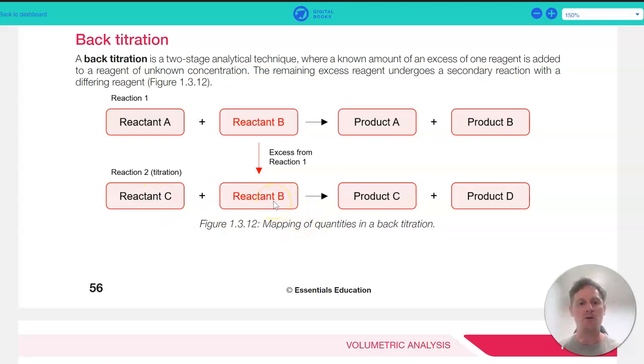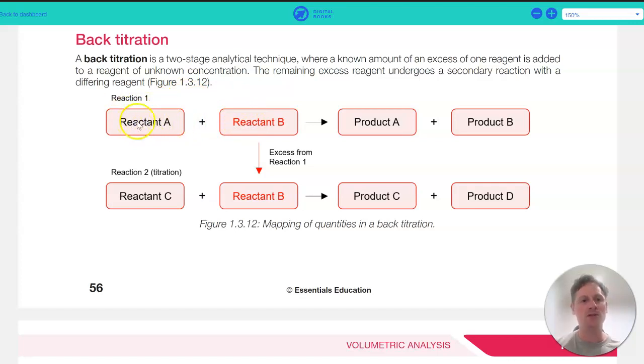And essentially what we do is we figure out the excess of reactant B, so we figure out how much was left over, and then we subtract that from the original amount of reactant B, okay? The difference between those two will be the amount that reacted with A, so we can then work backwards in order to figure out our reactant A, okay?